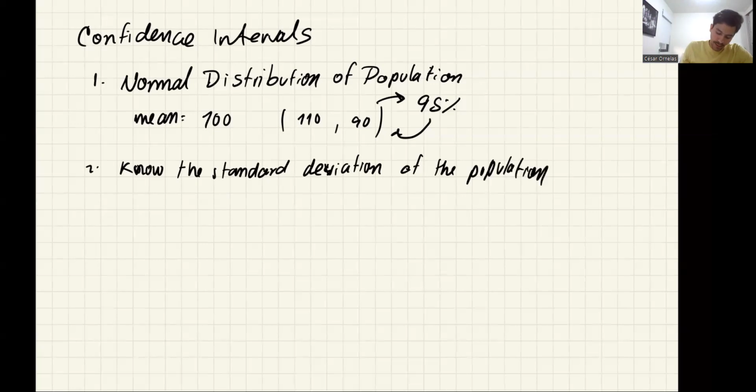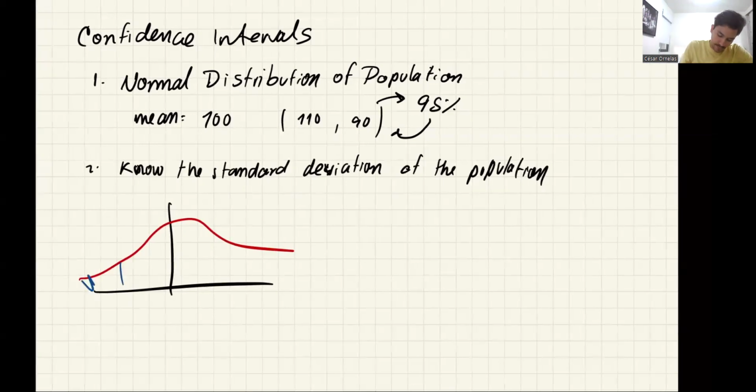So if we have this kind of graph, this bell, then we can see the population is going to be inside of this interval, most of the population is going to be between these intervals. This is going to be 95% of the sample.